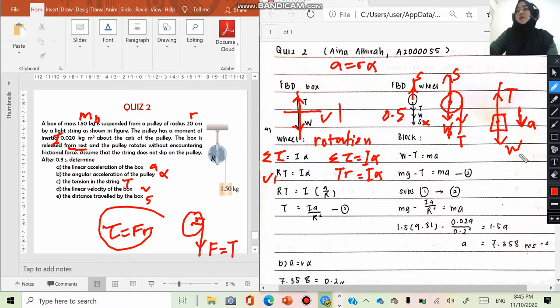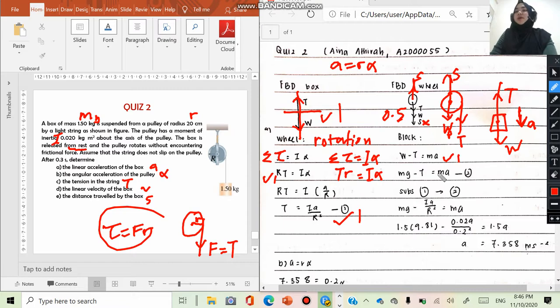Siapa yang lebih besar? So, it will be W. W akan lebih positif compare to T. That's why Aina tulis W tolak dengan T will be equals to MA. Dapat 1 markah lagi. Ini dapat 1 markah juga lupa. Equation pertama dia dapat 1 markah. Equation Newton second law untuk blok ini pun dapat 1 markah. Ini ataupun ini samalah mana-mana je.